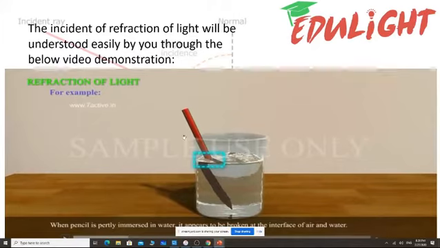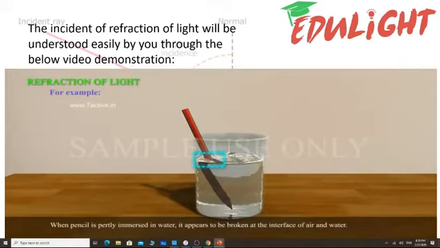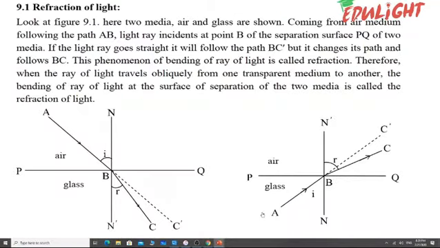The original object here is the pencil. So why does this happen? This also happens because of the principle we have discussed before, that is, refraction of light. I think these two phenomena will be enough for you to have a basic concept of the topic, the definition of refraction of light.